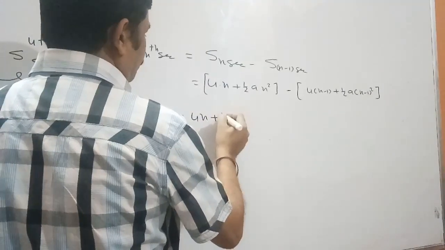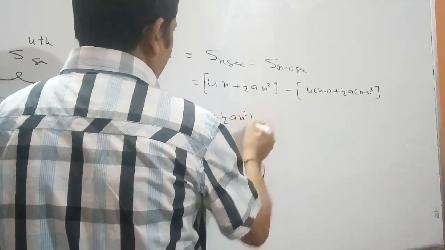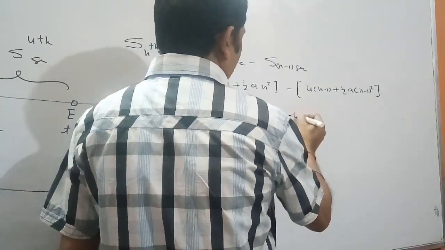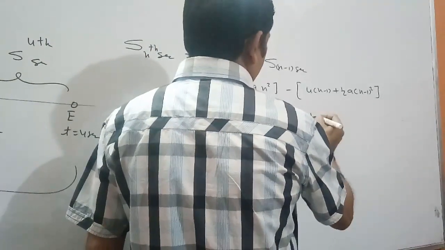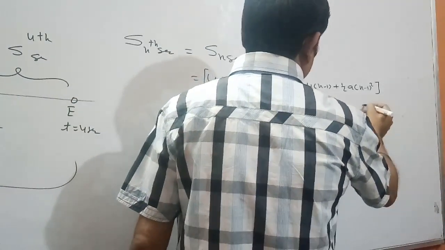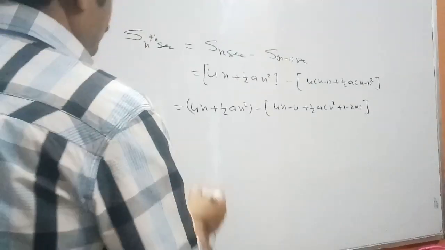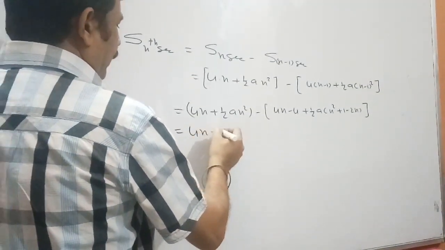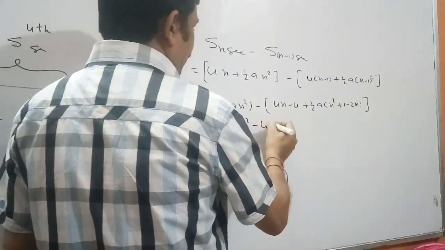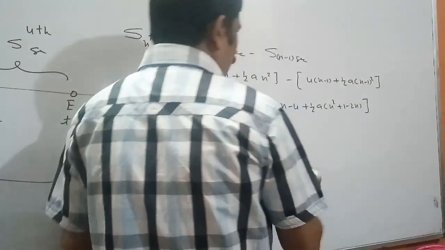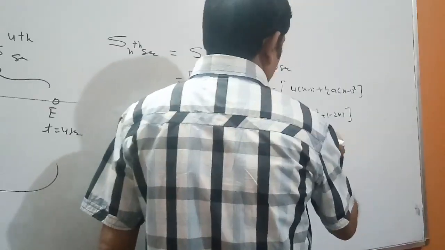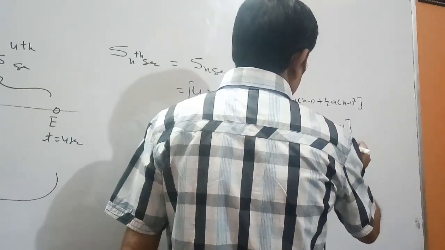That is un plus half an square minus, open the bracket, un minus u plus half a into n square plus 1 minus 2n. That is un plus half an square minus un plus u minus half an square minus half a plus an.